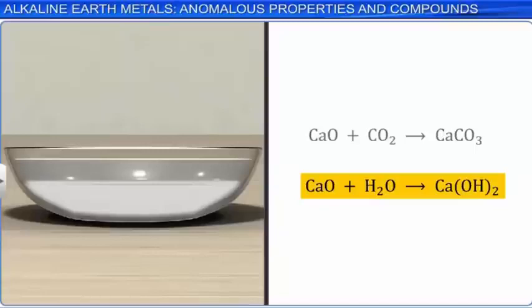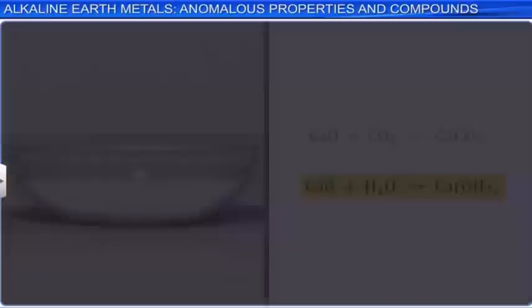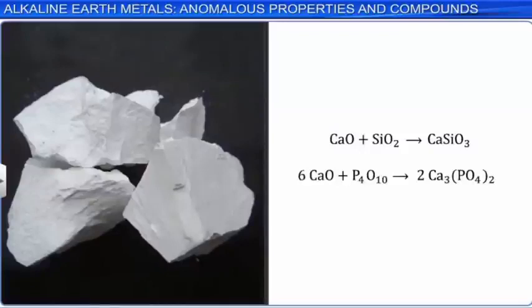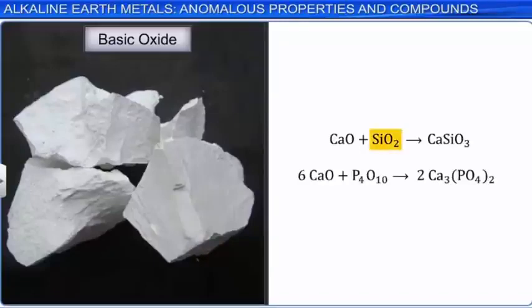Calcium oxide is a basic oxide and thus can combine with acidic oxides at high temperature. For example, reactions with silicon dioxide and phosphorus pentoxide are given here. Calcium oxide has a number of industrial uses.